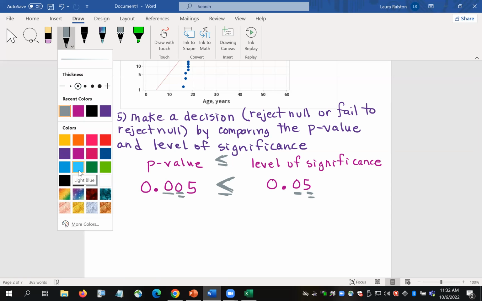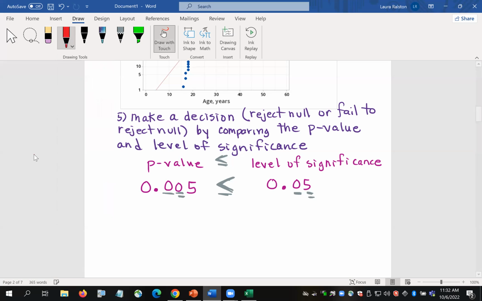And if you go back and look at our notes from Tuesday, if the p-value is less than or equal to the level of significance, we then reject the null hypothesis.